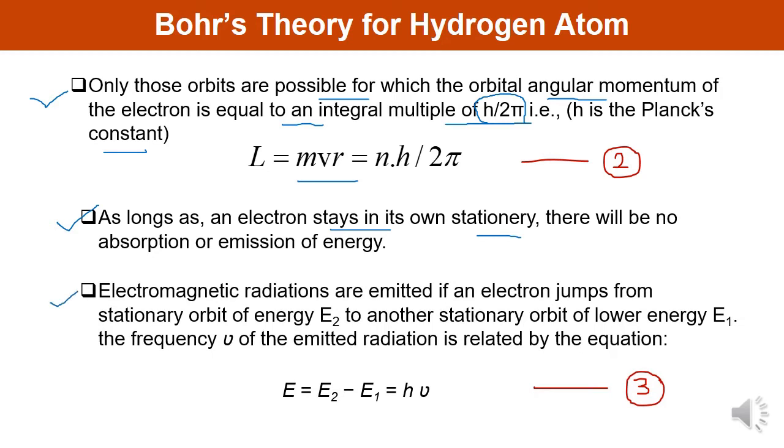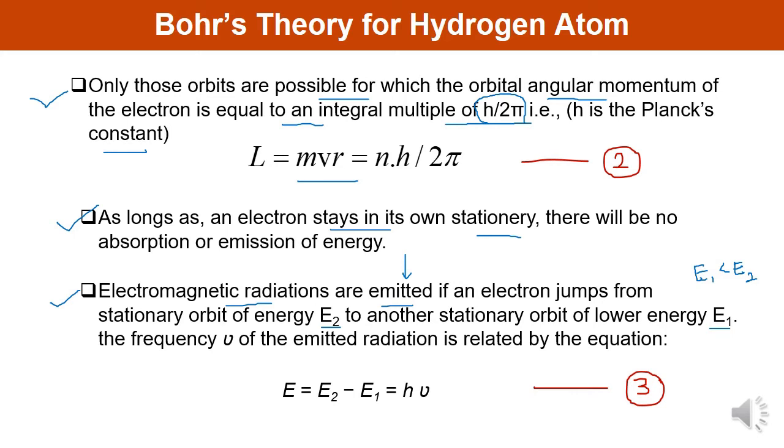Next point is electromagnetic radiations are emitted. Point to be noted: if an electron jumps from a stationary orbit of energy E2 to another stationary orbit of energy E1, where E1 is less than E2, it means whenever an electron is jumping from a higher energy level to a lower one, it emits energy.